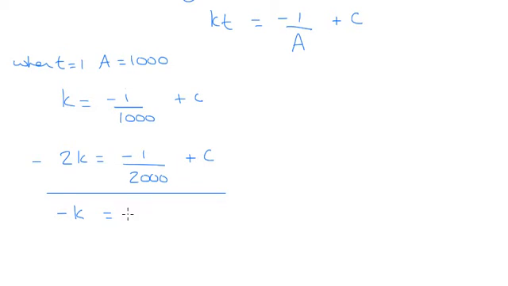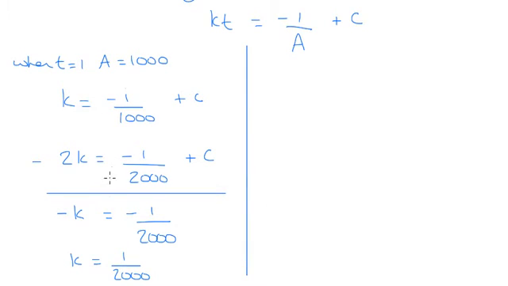And that comes out at minus 1 over 2,000. So K, I'll write it underneath, is positive 1 over 2,000.